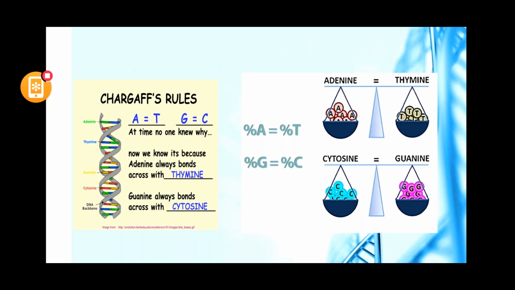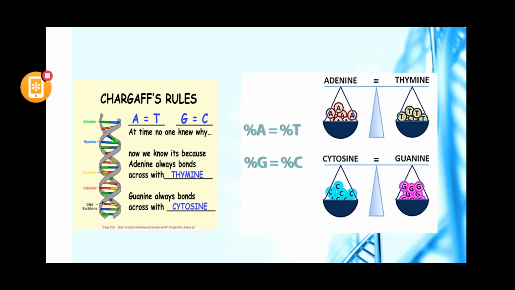A equals T, G equals C. At that time no one knew why. I have told you that Erwin Chargaff only stated that A equals T and G equals C. Before that, no one knew why it was happening. Now we know it is because adenine is always hydrogen bonded with thymine, and guanine always bonds with cytosine.